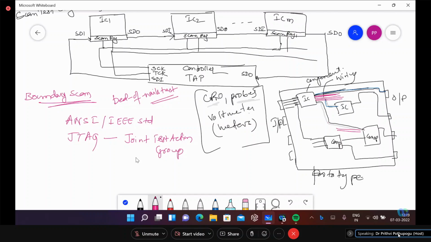This Joint Test Action Group standard is adopted by the ANSI IEEE standard.